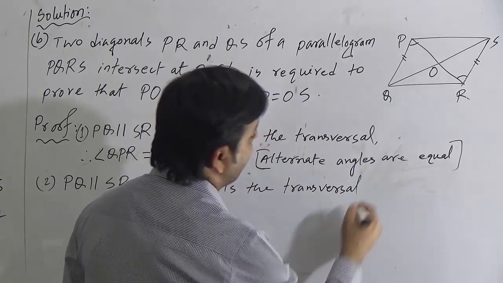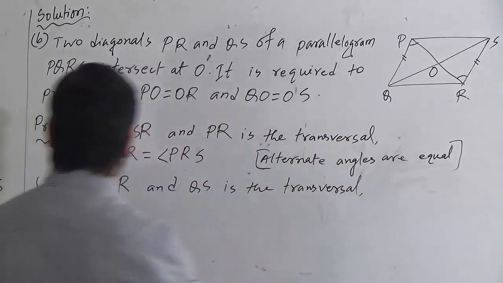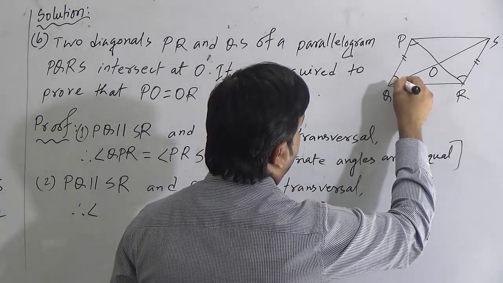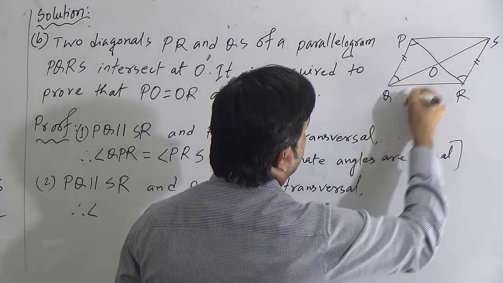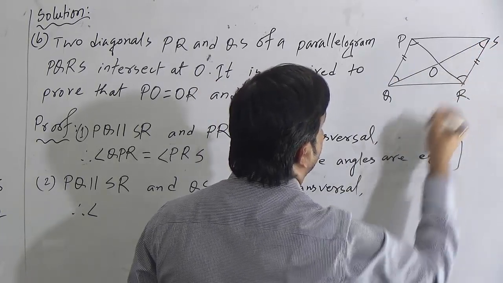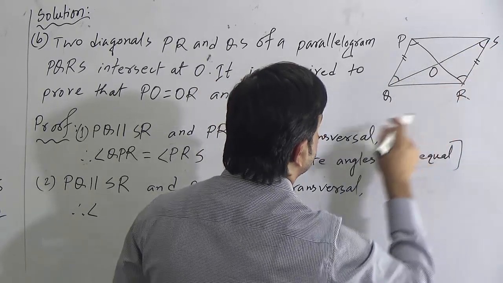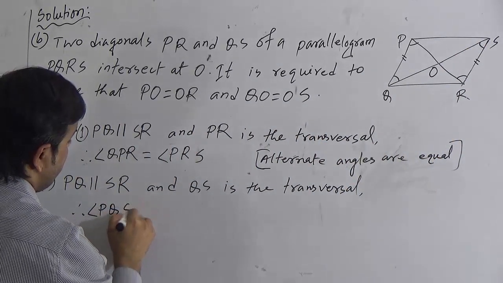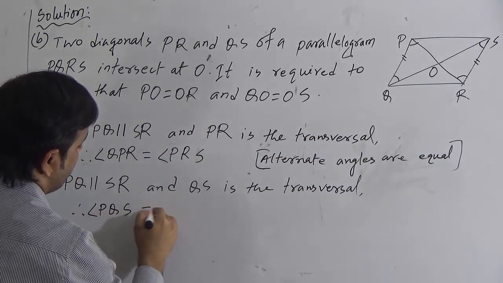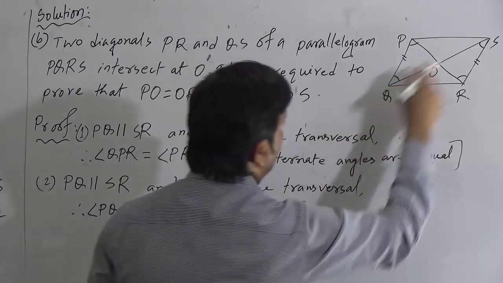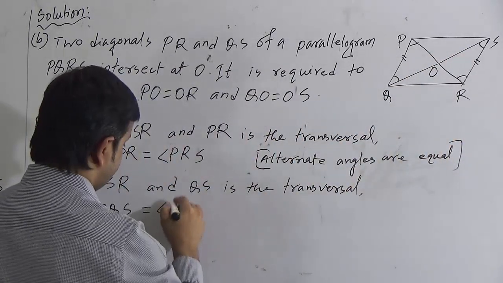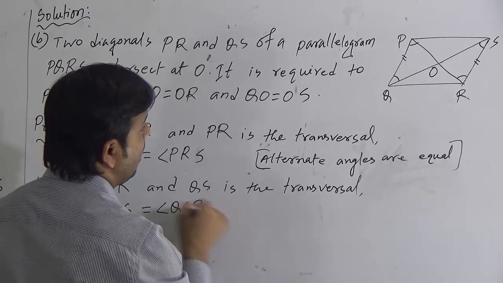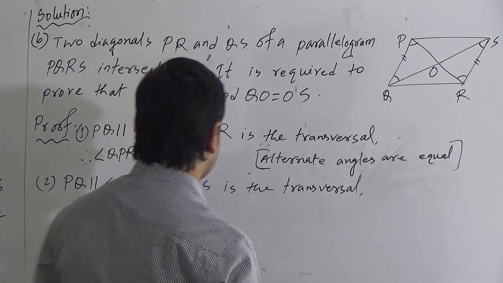As QS is the transversal, so we can say therefore angle PQS is equal to angle QSR. These two angles are equal.